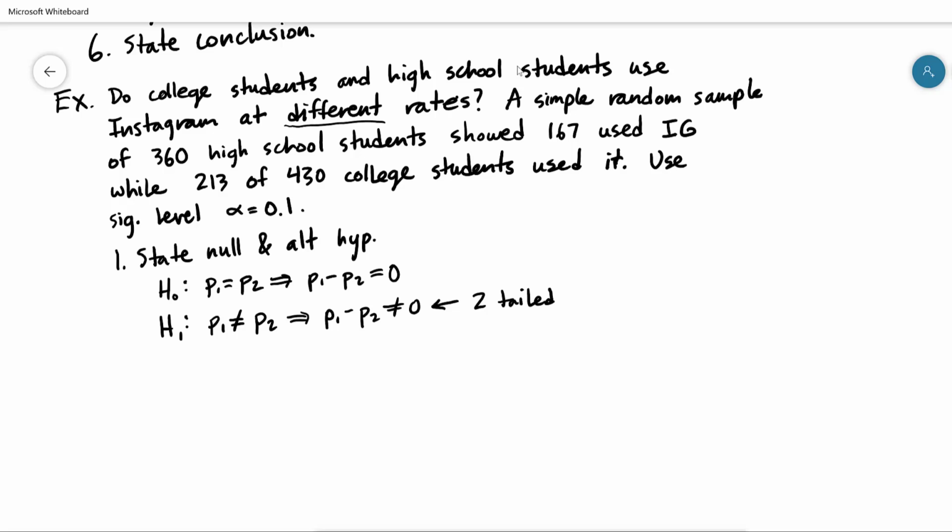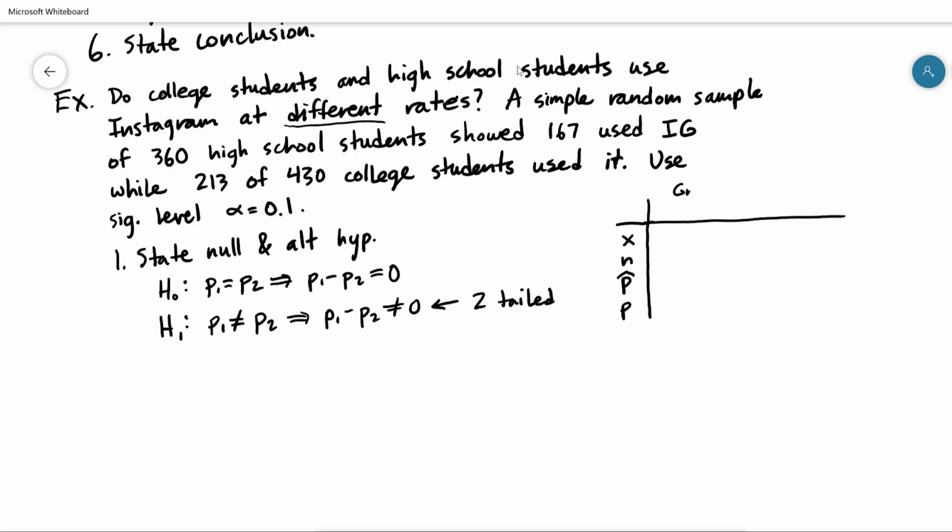We do need to keep track of which group we're calling which. So I'm going to do a little table just like we did on the previous one here. We'll list off the values we're interested in keeping track of: basically the x values, the n values, the p hat values, to ultimately answer a question about the values of p, which are the population proportions.